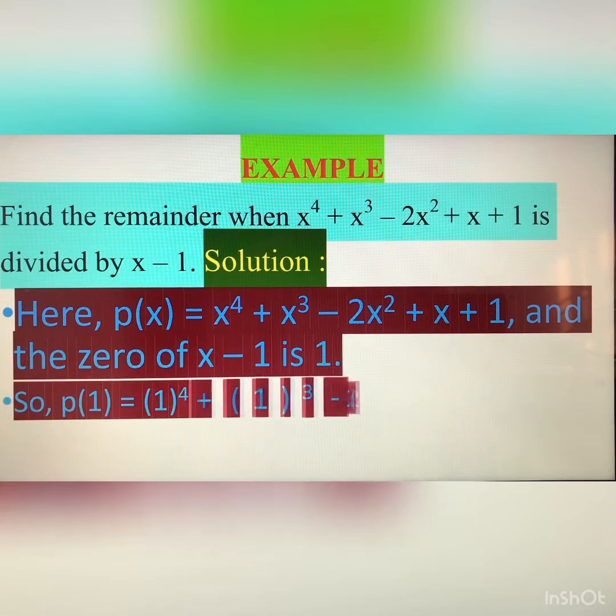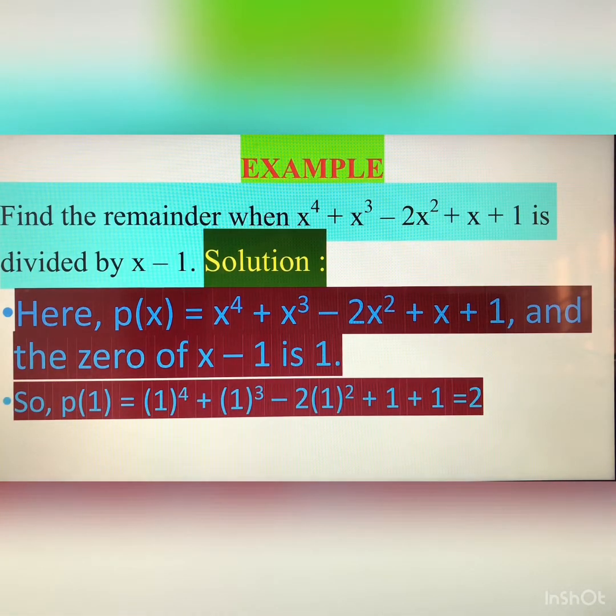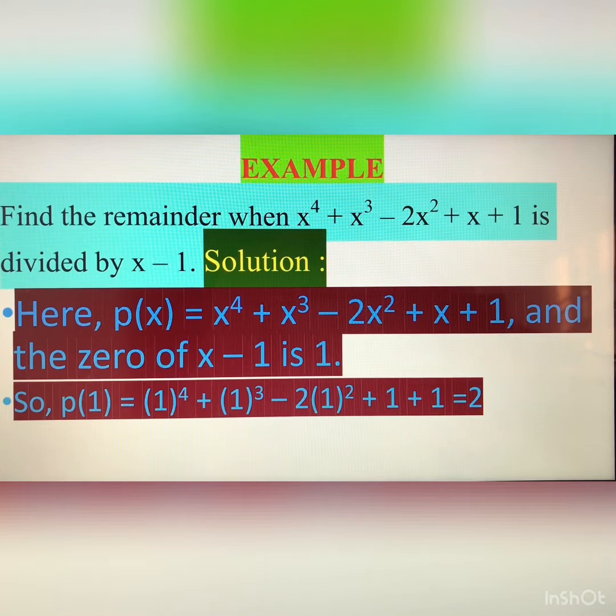So now we substitute. In the polynomial you replace x by 1. When you put x equal to 1, you will get P(1), which means you replace x by 1: 1 raised to the power 4 plus 1 raised to the power 3 minus 2 into 1 square plus 1 plus 1.